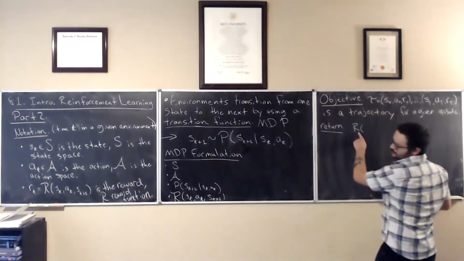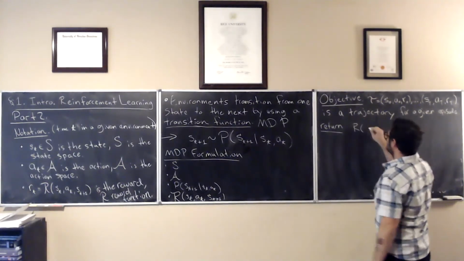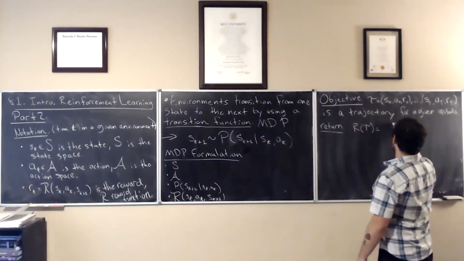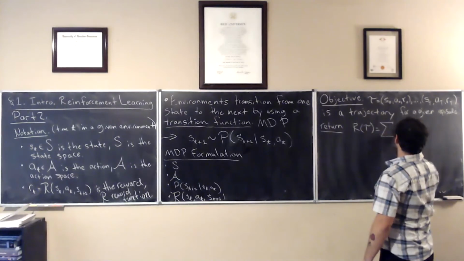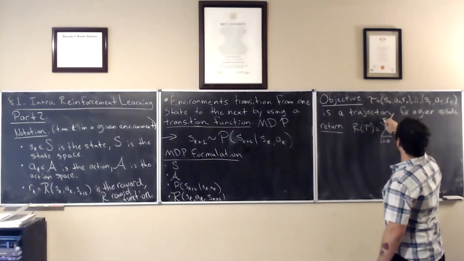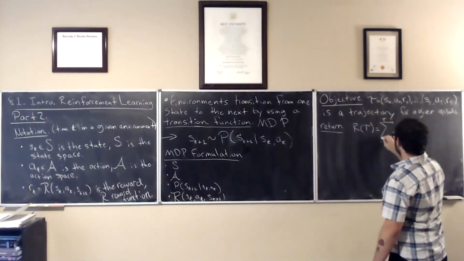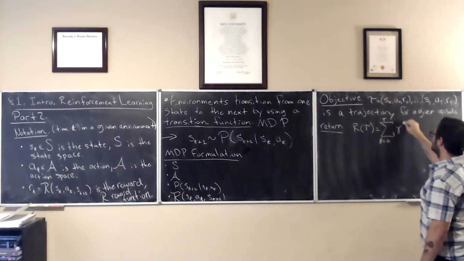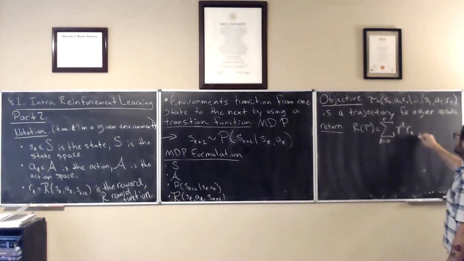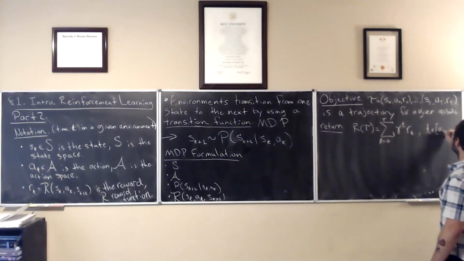That's not a script R. Script R will be like a curly one, so this is a normal R. So the return for a trajectory tau we're going to say is the sum from t equals 0 to capital T of gamma to the power t times the reward r_t. And here gamma is in the interval [0, 1].